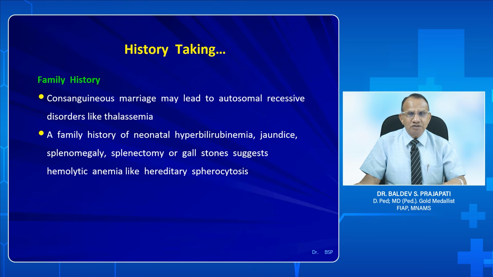Please remember, go into the details of the family history. If you get neonatal hyperbilirubinemia which required phototherapy for a very long time, jaundice, or even splenomegaly, or there is a history of splenectomy or gallstones in some family members, it suggests some hemolytic anemia like hereditary spherocytosis, which is very common.